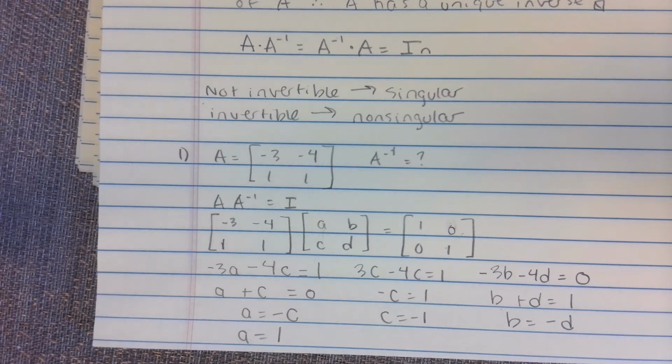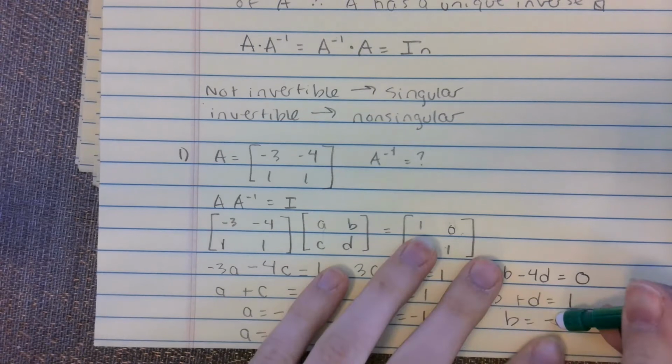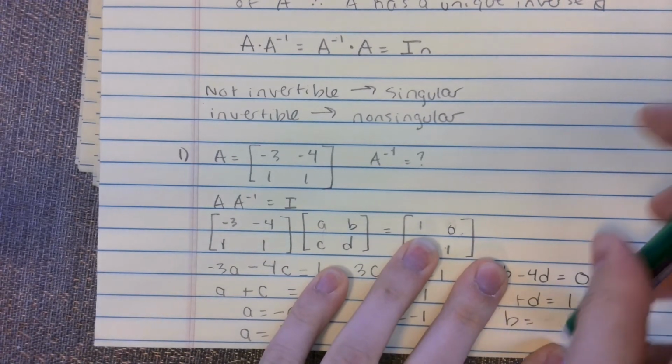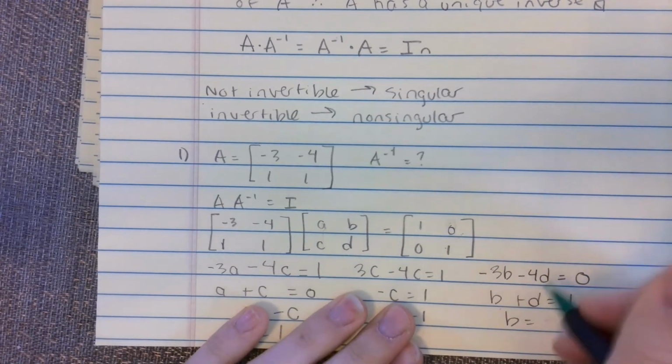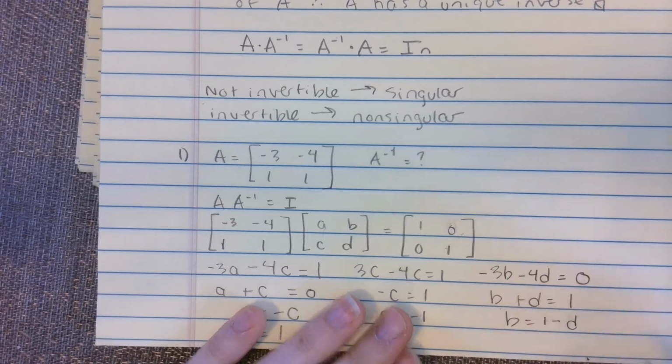Oops, I didn't do that quite right, I was looking at A and C. So B is 1 minus D. There we go. That's better.